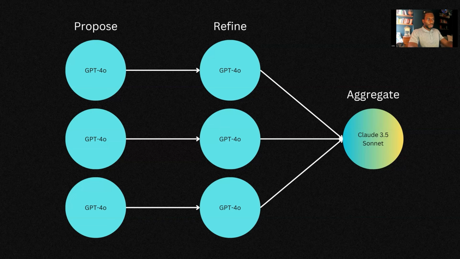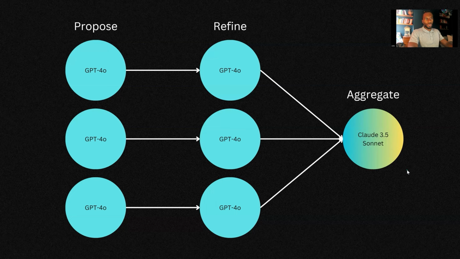It does say in the paper that you can use the same model across the different layers. I've used GPT-4o because the paper suggests it's a good model for proposing. For aggregating, I've used the Claude 3.5 Sonnet model, being the best model available from Claude right now, and some suggest that it even outperforms GPT-4o. It suggests in the paper that highly intelligent models might be better for aggregating than the less intelligent models, so I've chosen Claude 3.5 Sonnet on that basis.